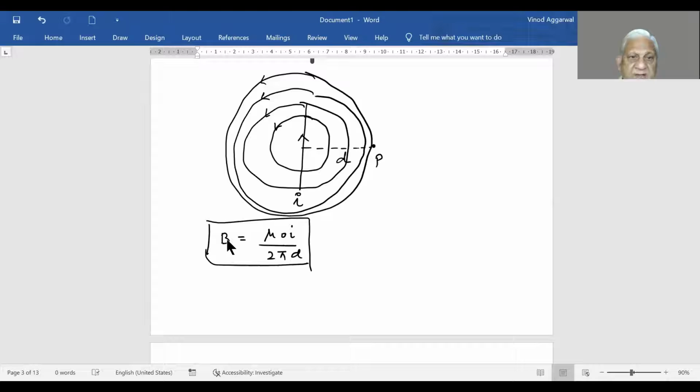Where B is the magnetic field created by a long current carrying conductor, which is carrying current I, at a distance D from the conductor.